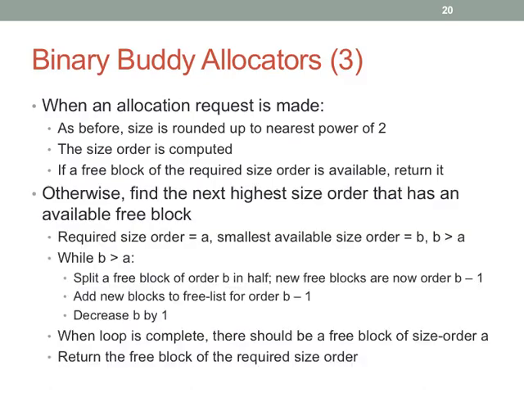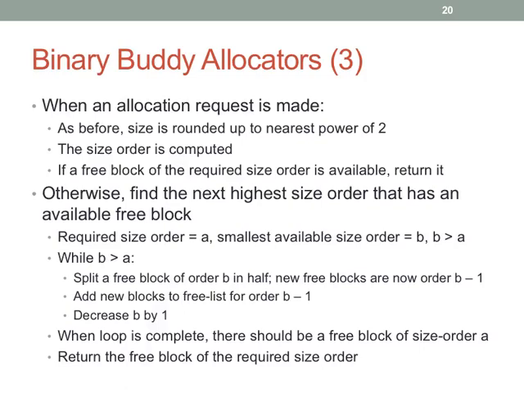Otherwise, what you do is you find the next highest size that actually has an available free block. So the required size order is A, that's the one that we need. The smallest available size order is B, and we know that B is greater than A because there's no block of size order A yet.